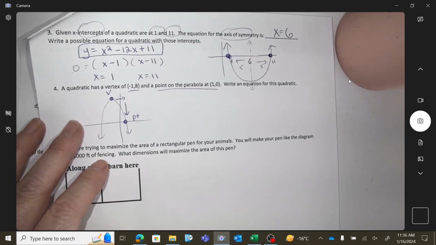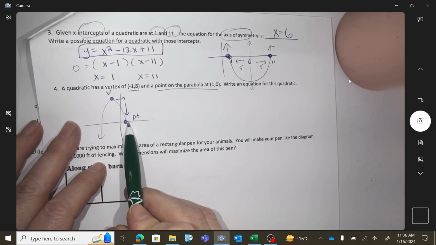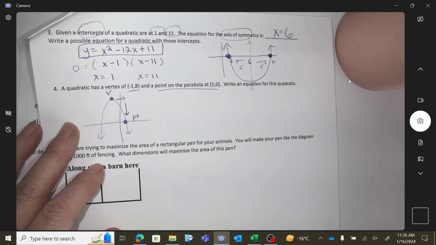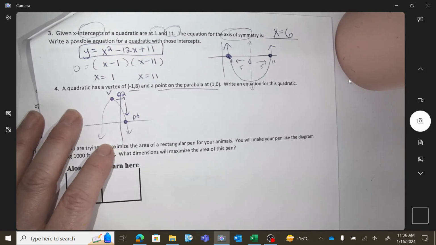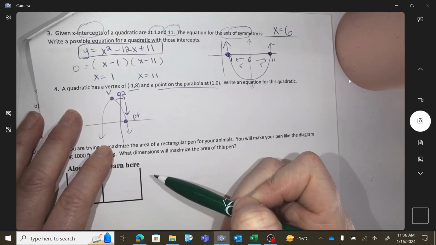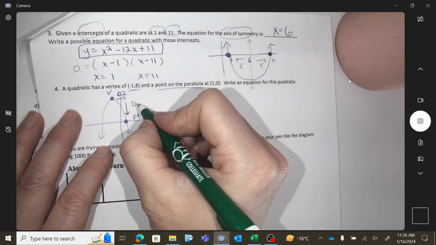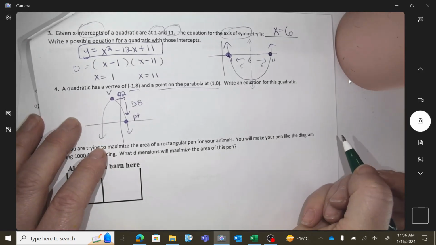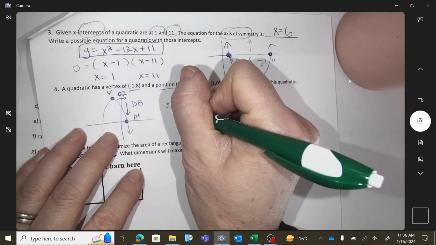Can you figure out how many moves I've gone over? So where did I go? I was at -1, and now I'm at +1. So how many tick marks would I have gone over? I've gone over 2. And how many did I go down? So I went over 2, and then I ended up going down 8.